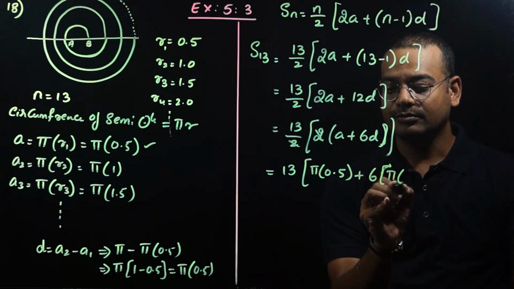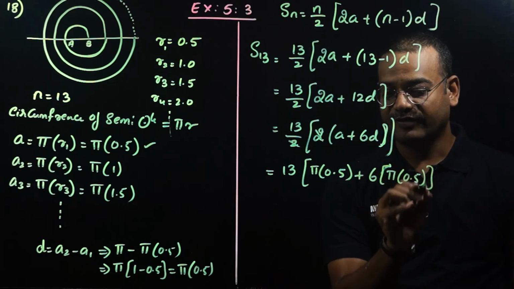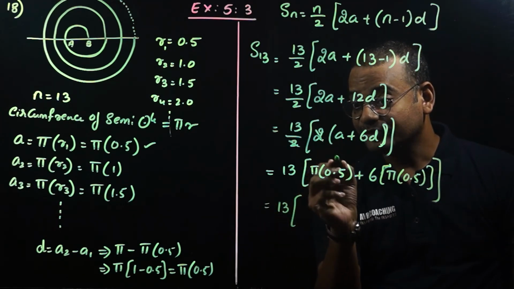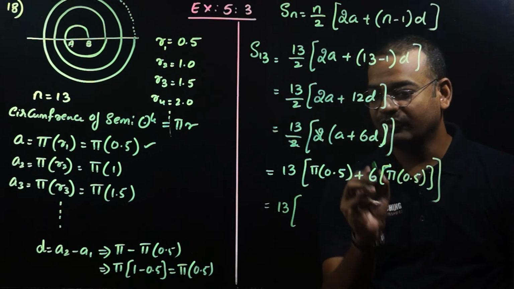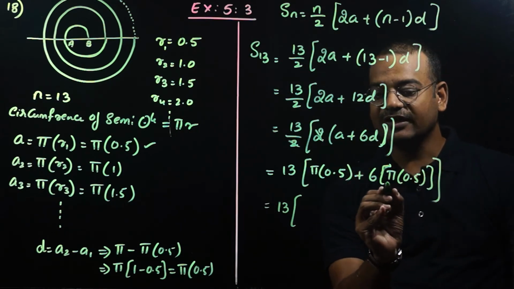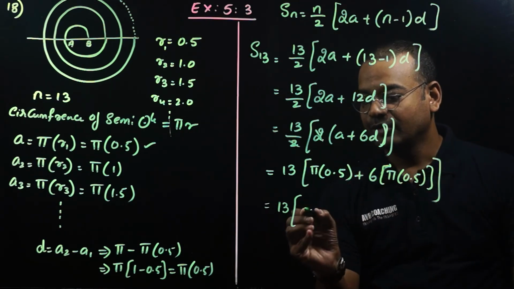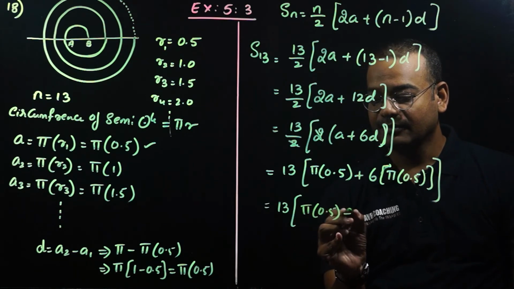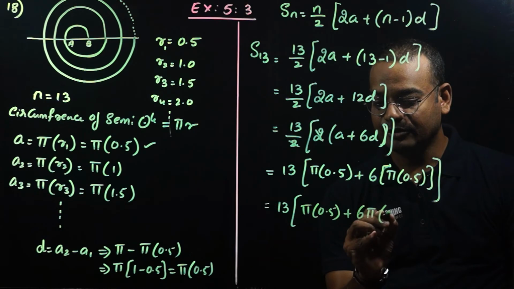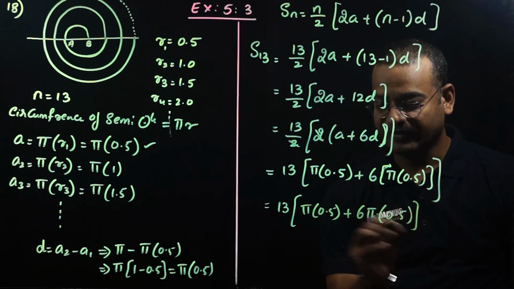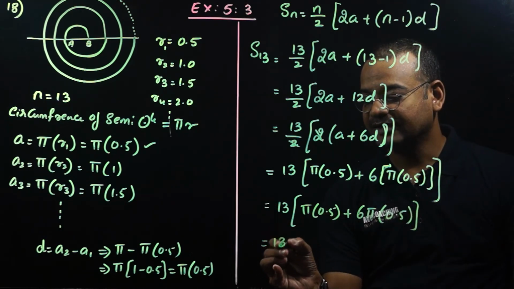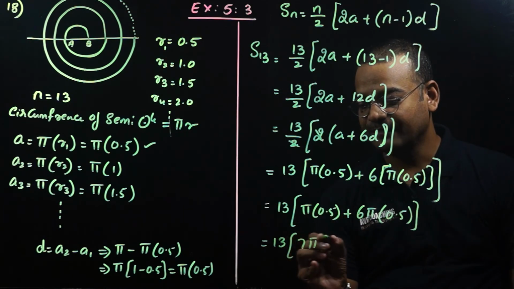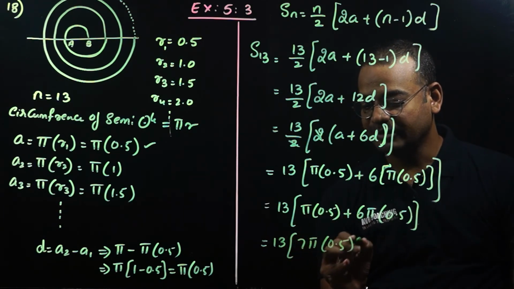Now here this will be pi into 0.5 plus 6 pi into 0.5. Now this value is 13. Now pi plus 6 pi is 7 pi into 0.5.